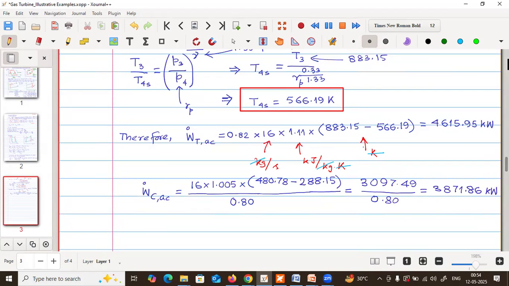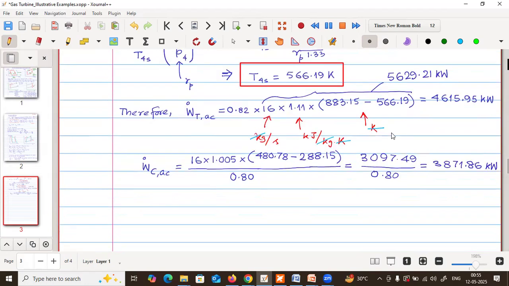And here in this part only, the theoretical work from the turbine is equal to 5629. These are written only for the reference.